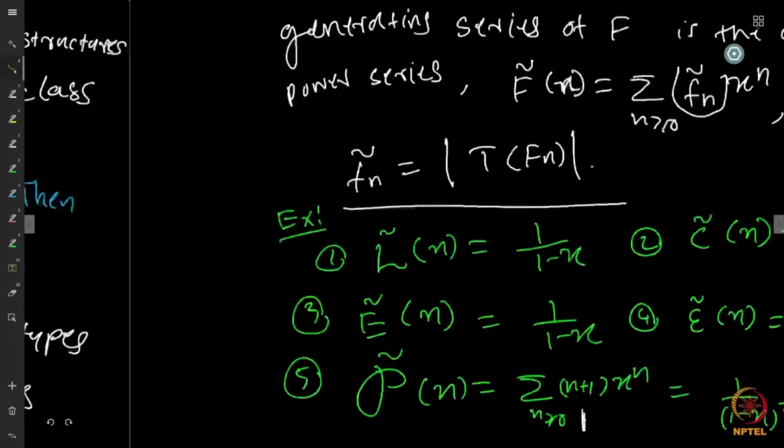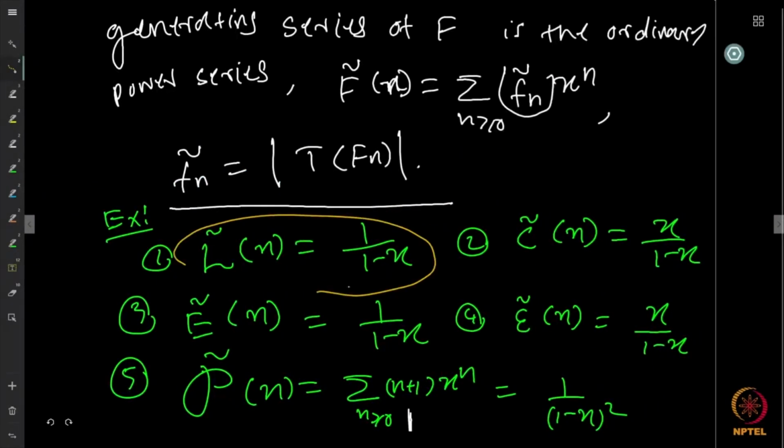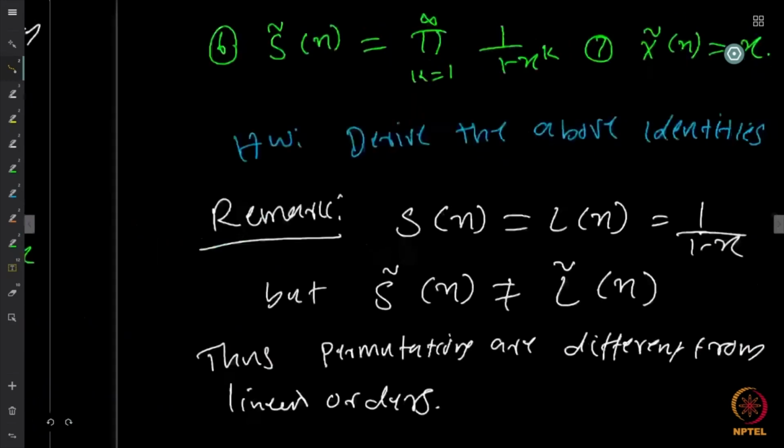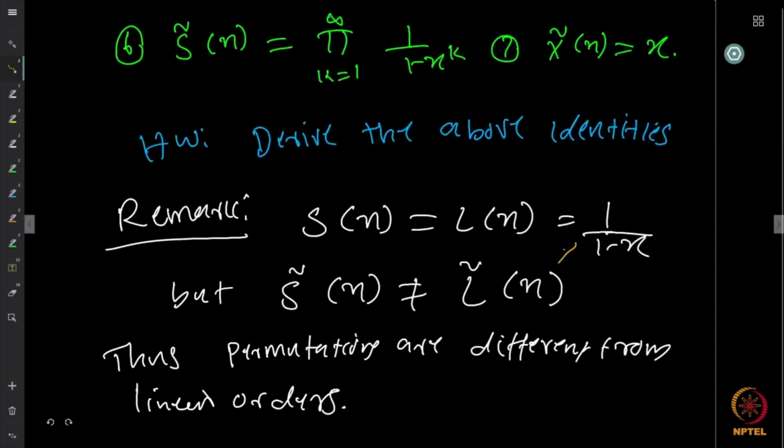On the other hand, here we have the ordinary generating function where we are not dividing by n factorial, therefore the count is 1. And there it was n factorial, we made it 1 by dividing by n factorial. So these two, L of x and L tilde of x, are indeed very different. One is the exponential generating function, which is 1 by 1 minus x by chance, and L tilde of x is also 1 by 1 minus x, but it is the ordinary generating function. Now, because these are different, we see that permutations are different from linear orders as species.